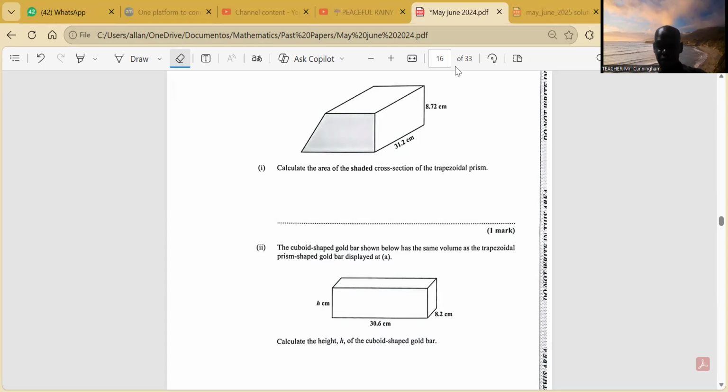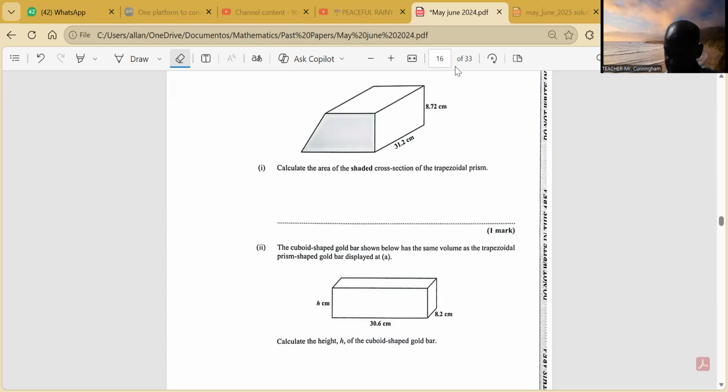So volume of a cuboid will be your width by your length by your height, or length by breadth by height. The length is 30.6.